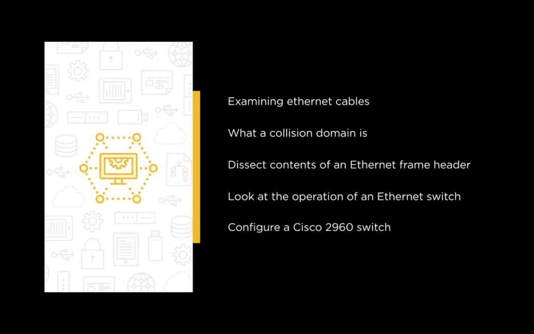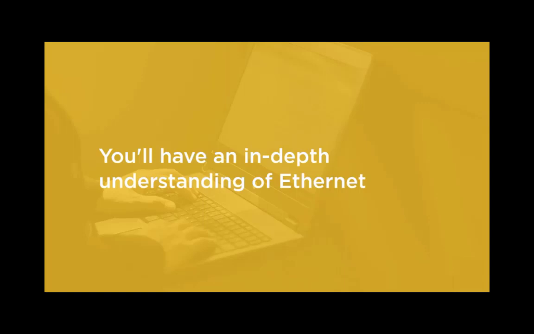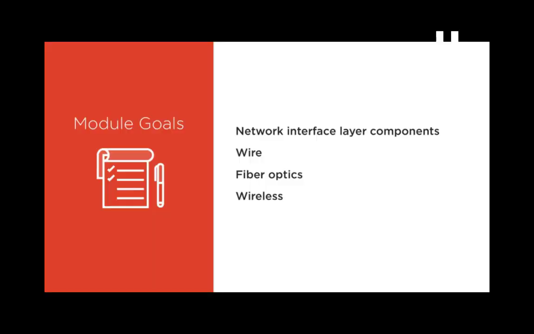In this video I will show you how to examine Ethernet cables, what a collision domain is, dissect the content of the Ethernet frame header, look at the operation of an Ethernet switch, and configure a Cisco 2960 switch. I will discuss all these things in detail in upcoming slides, so you will have an in-depth understanding of Ethernet.